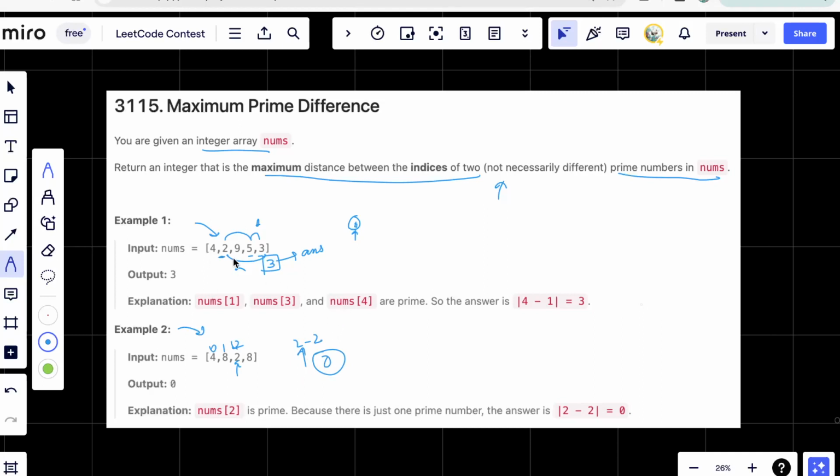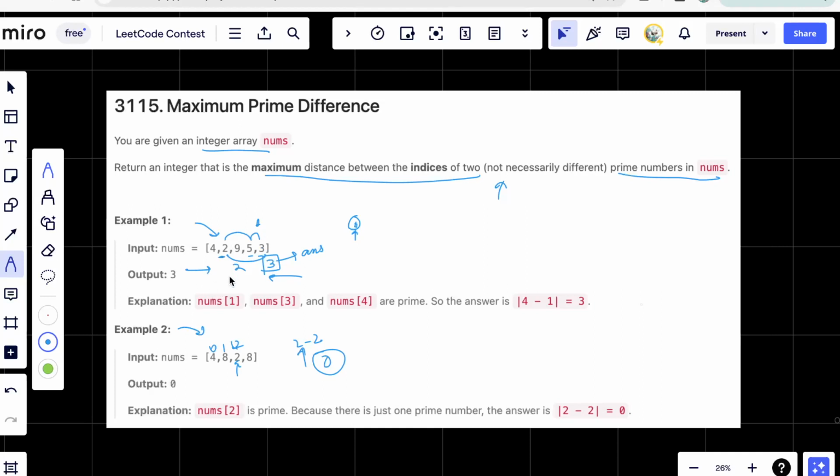As you can see, what you have to do is simply find the first occurrence of a prime number traversing from the left, and find the first occurrence while traversing from the right. If you traverse from here, what is the first occurrence of a prime number? And if you traverse from here, what is the first occurrence of a prime number? That is what we have to do.